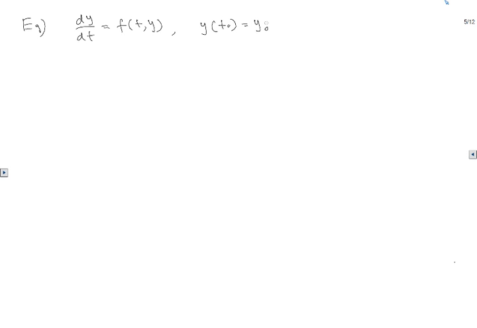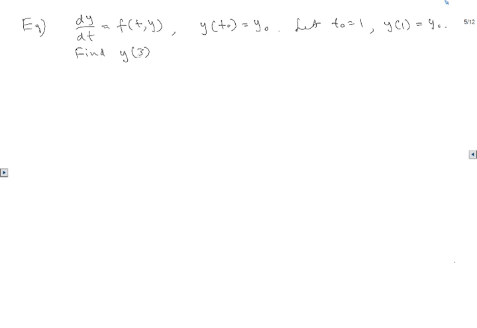That is the starting point. Let's see how we can do this problem. Let t naught, the starting value, equal 1 and y(1) equal y naught. Find y(3). So you have this kind of problem, and you need to find y(3).